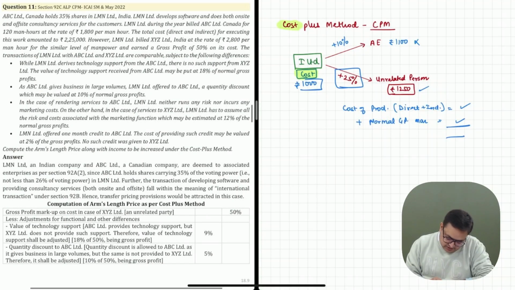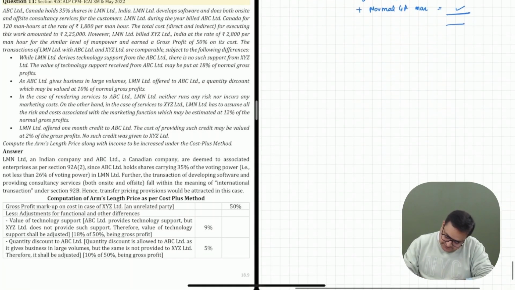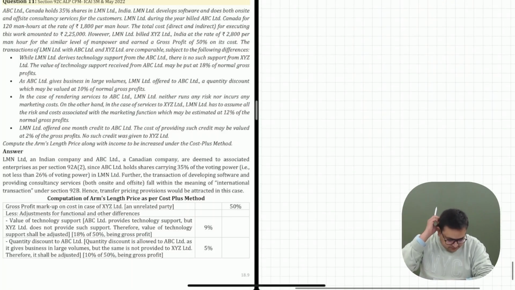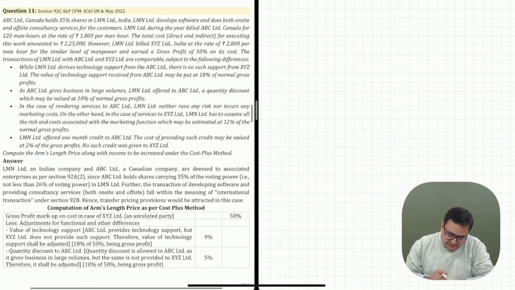Okay, good question. This is a study material question also, and it came in your examination also. Good question. Now, readable guys, this is question number 11 from the question bank. It says ABC Limited, Canada, holds 35% shares in Element India.